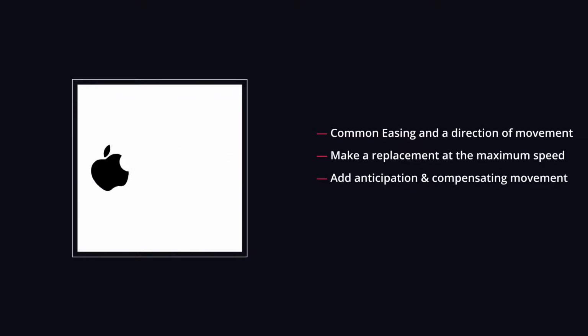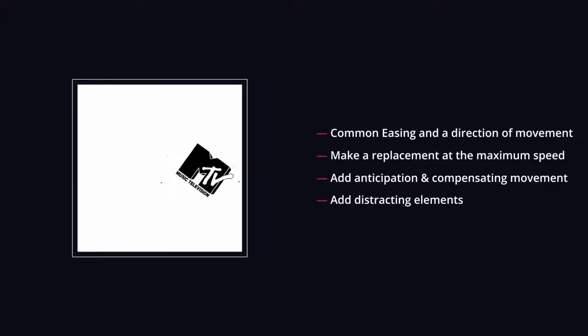As a result, the viewer doesn't have enough time to notice the replacement because of the speed and rotation, and looks only at the bounces. Bounces are tricky because they grab the viewer's attention, making them forget about the moment of transformation. This is the third rule. Add anticipations and compensating movement. We've also added distracting elements, and we've got this remarkable outcome.